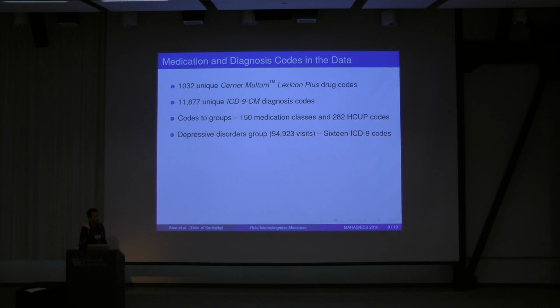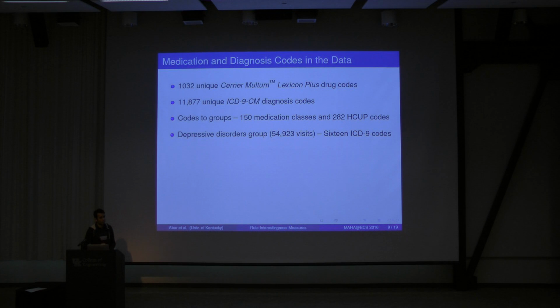In our data set, we just use medication and diagnosis codes. We have more than 1,000 medication codes and almost 12,000 ICD-9 codes.